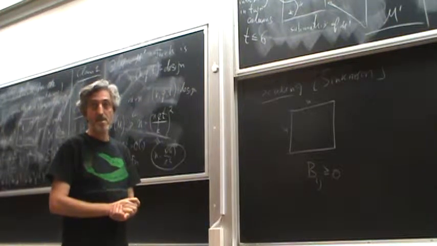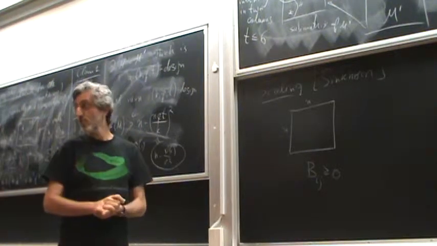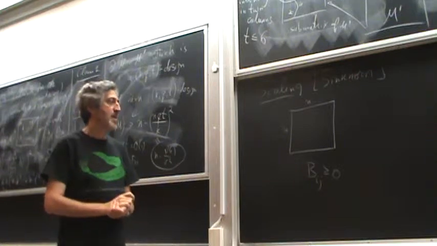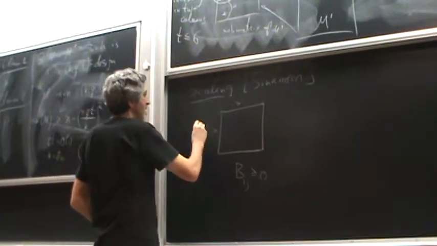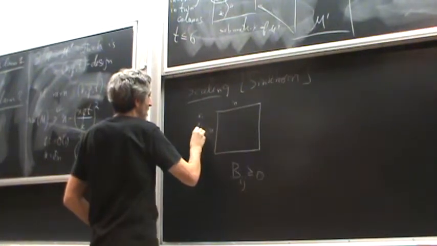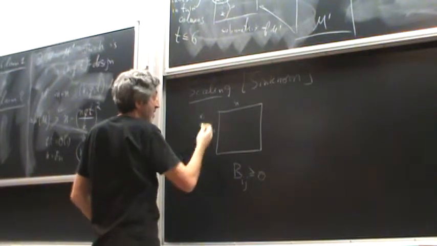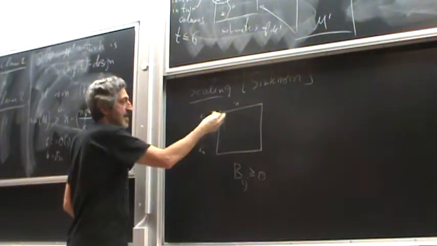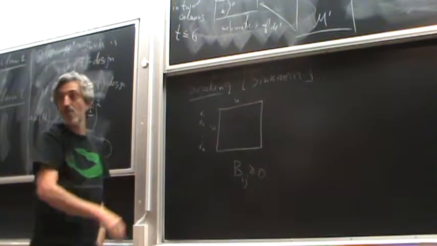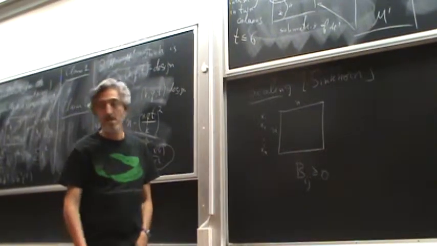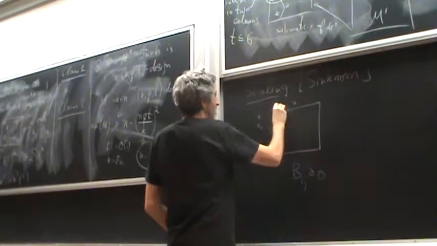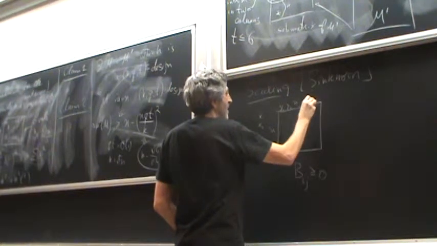Okay. And what you're allowed to do to achieve this is simply scale the rows. You can multiply the rows by arbitrary constants, and you can multiply the columns by arbitrary constants.